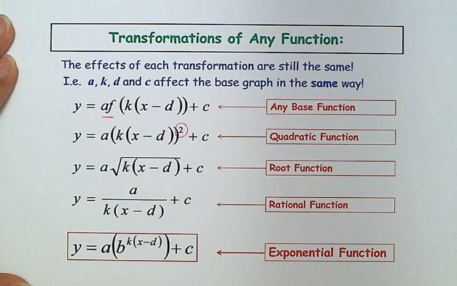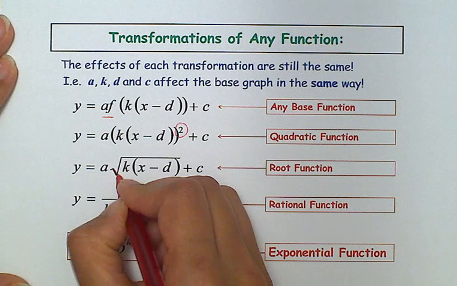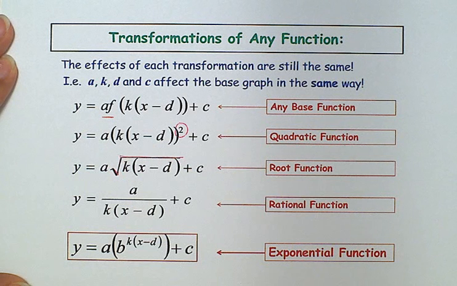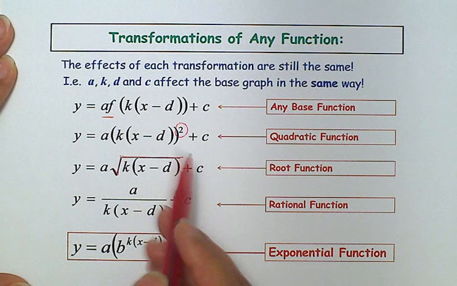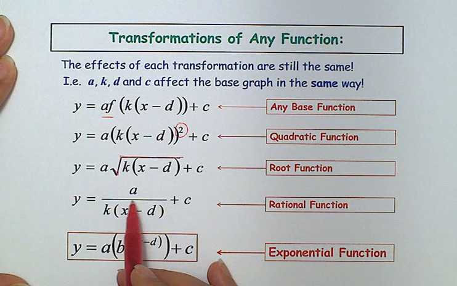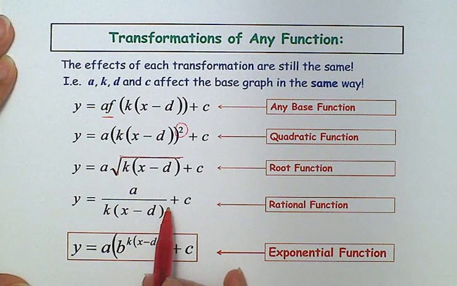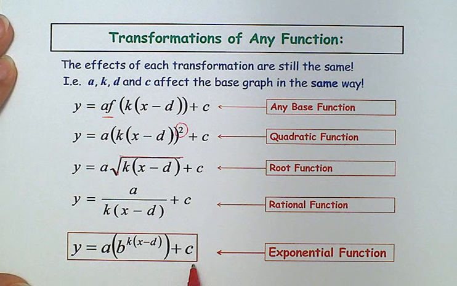If we're looking at a root function, we replace the f with the square root sign, indicating that we're looking at a root function. If we're looking at a rational function, we replace the f with a fraction where the independent variable, or the x, is in the denominator of the fraction. So here's our rational functions that we looked at in Unit 2. And then finally we have our exponential functions.